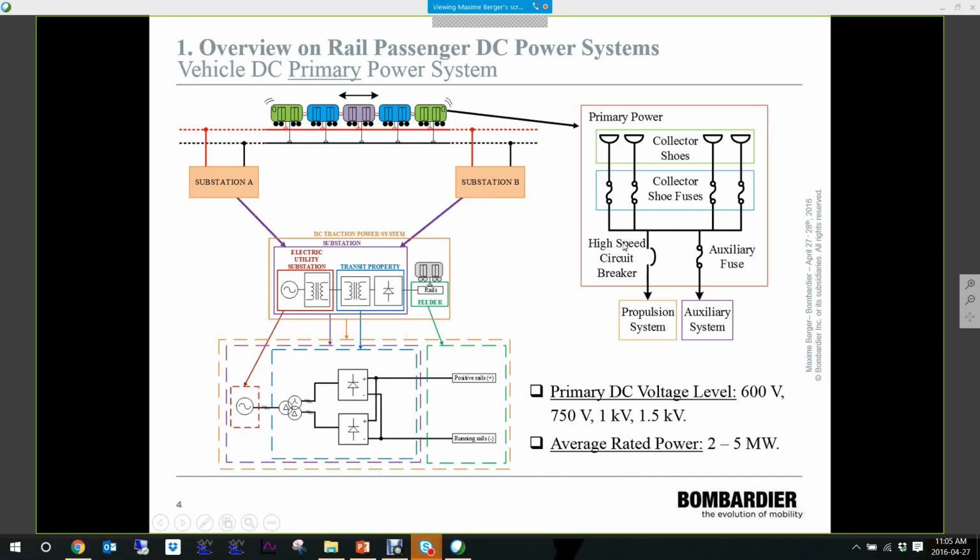The high-speed circuit breaker, which is here, is there to protect the propulsion system, and finally we have an auxiliary fuse that is there to protect the auxiliary converter. In this webinar, I will show you detailed models of the substations, the vehicle primary power protective devices, which are mainly the collector shoe fuses and the high-speed circuit breaker, and also different auxiliary system components.